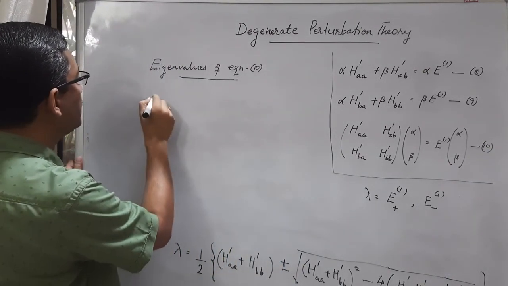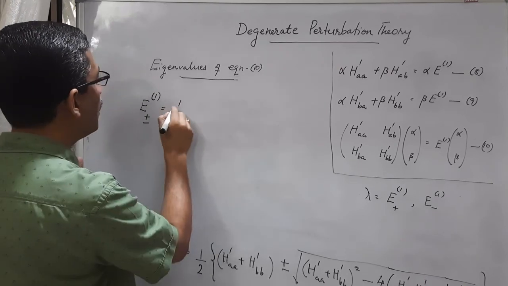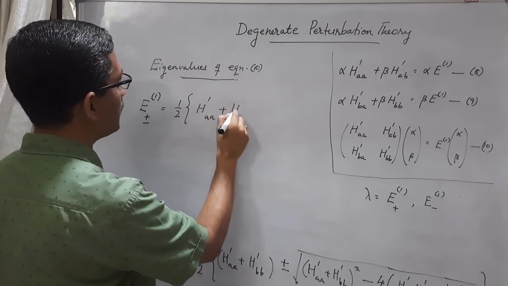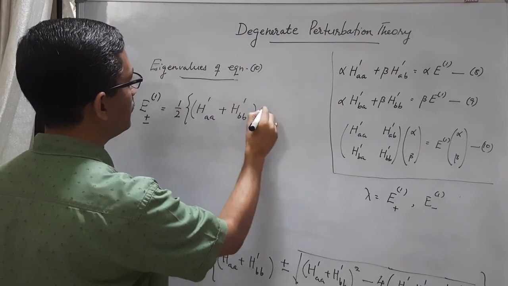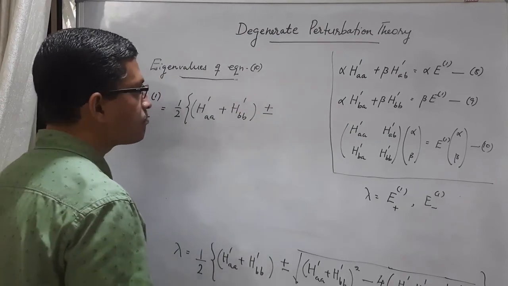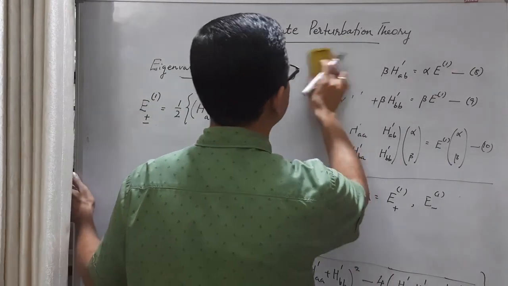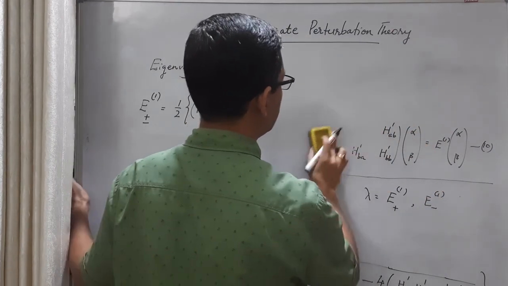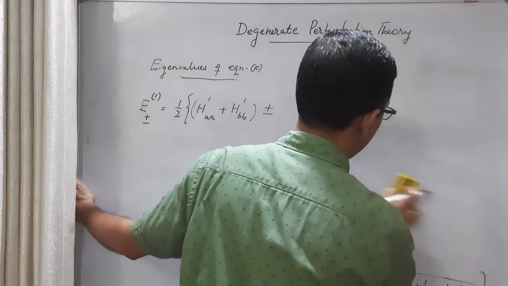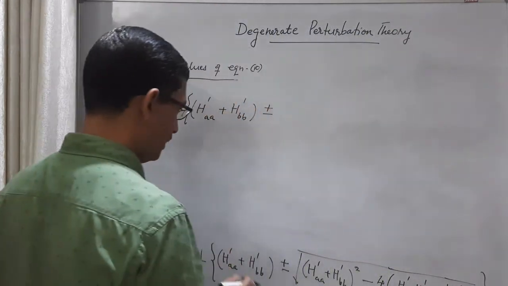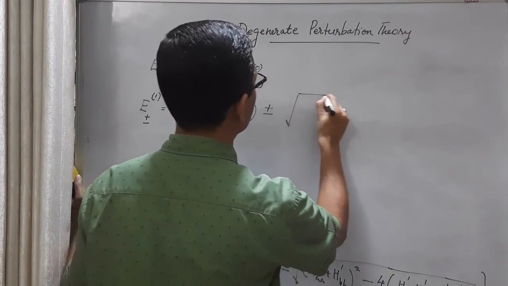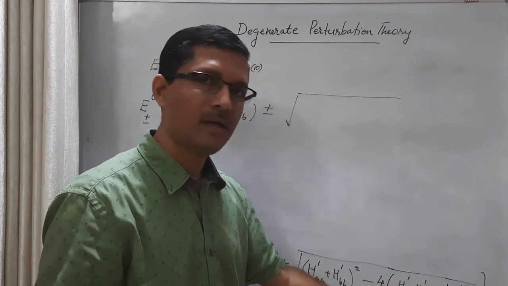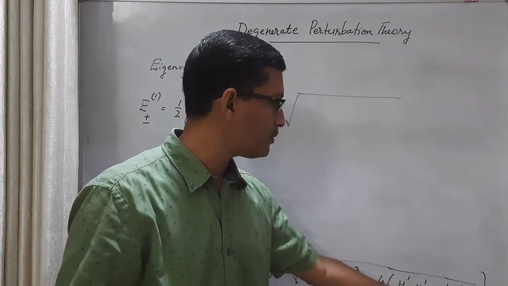Instead of lambda, let me write E plus or minus 1 is equal to half of H prime AA plus H prime BB, plus or minus square root of, if we expand this part, a minus 4 times H prime AA H prime BB plus 4 times modulus H prime AB square.